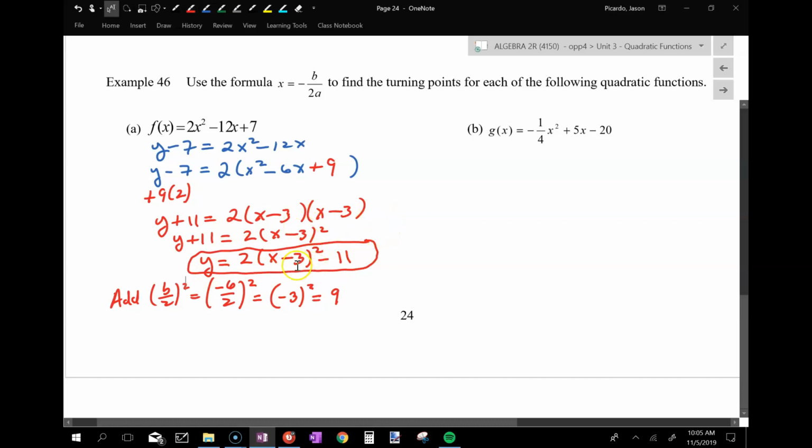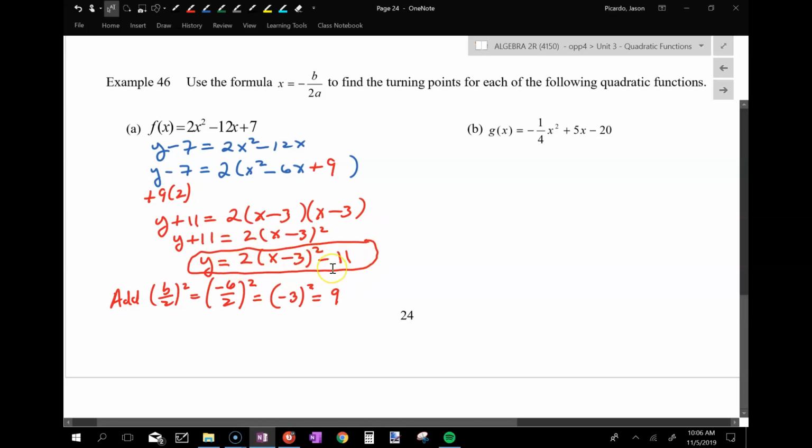Now, Trinity, remember that if I asked you to give me the vertex, I got to do something special with these signs, right? So what is the actual vertex? To the right 3, down 11. So you're going to leave it like this.